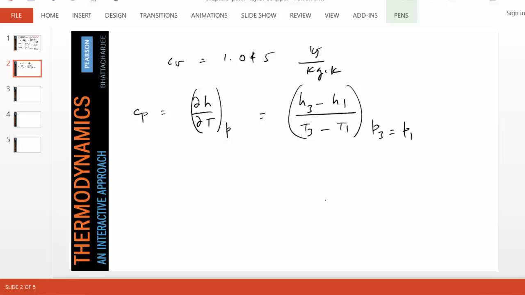So we already have evaluated state 1. We are going to find a neighboring state 3 where we'll hold the pressure to be the same as state 1 and we'll make the temperature 1000.5 Kelvin. And that will produce our CP, which will equal H3 minus H1 over T3 minus T1.